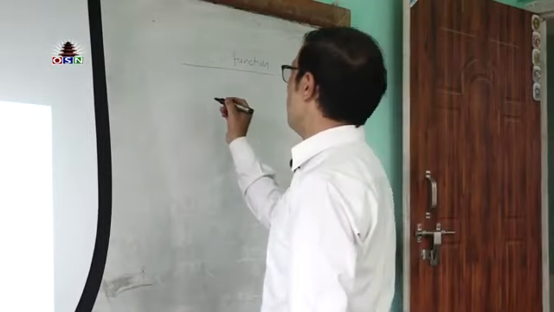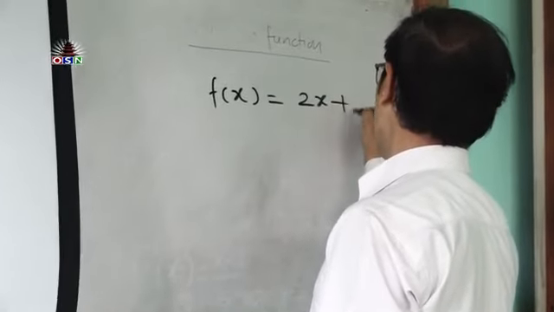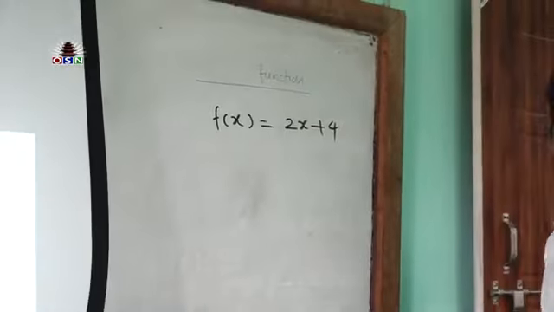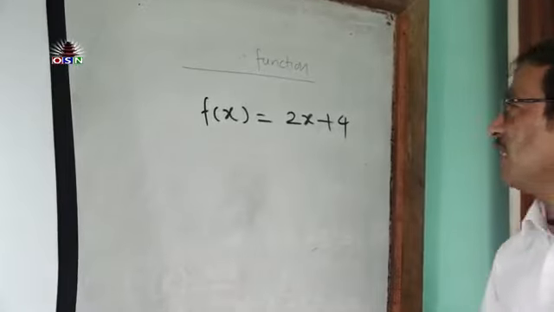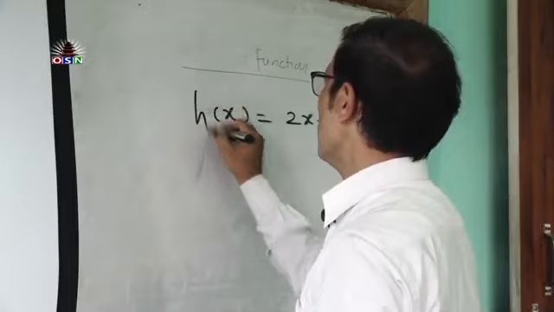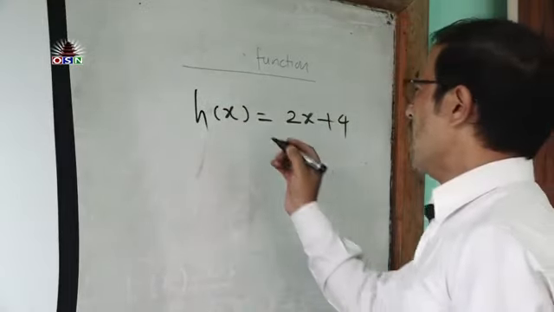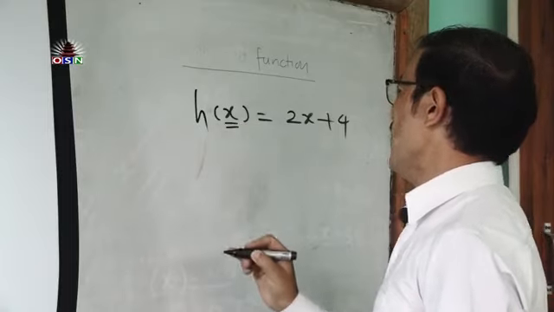Well, I can give you an example. Let's suppose that f x is equal to 2x plus 4. This is a given function. The function can be denoted by f also, or by h also. Here we are sure that x is an input.